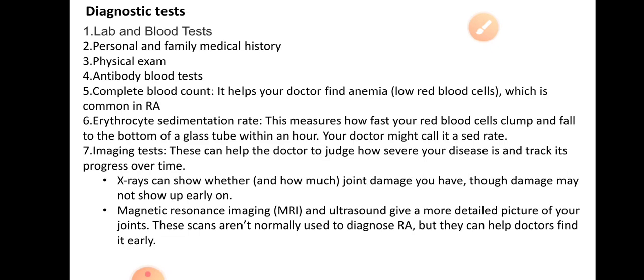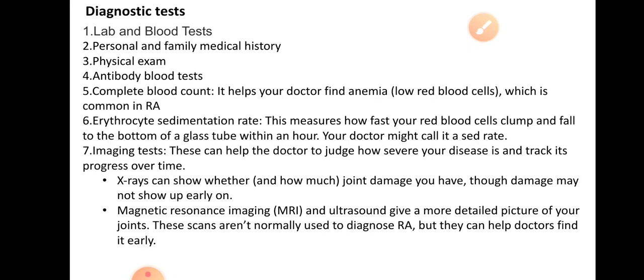Next, seventh is imaging tests, which include X-rays, which can show whether a joint is damaged or not. Next is magnetic resonance imaging, also known as MRI, which gives a more detailed picture of your joints.